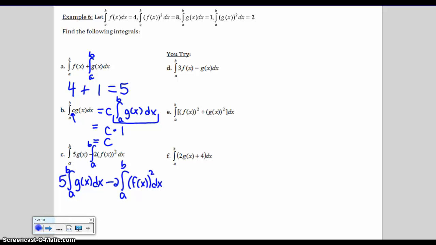Okay, so g of x, again, the value was 1, so I have 5 times 1, minus 2 times, now the f of x squared is the one that's a value of 8. I am not squaring any of the numbers given to me. This just says the integral of f of x squared is 8, so I'm only plugging in 8. Do not square anything. So this would give me 5 minus 16, which would give me negative 11, okay?